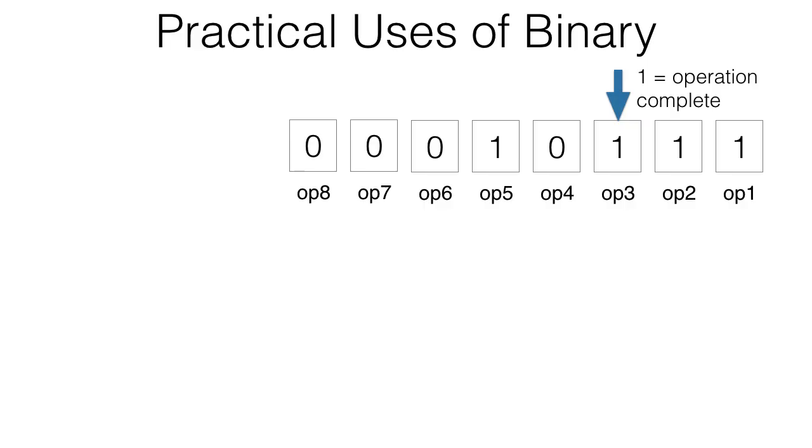I can use a system here to be able to say that operation 3 was complete, 2 was complete, 1 was complete. Hey, 4 didn't complete. 5 completed, but not 6, 7, and 8. So that would give me the ability then to be able to track potentially what happened.